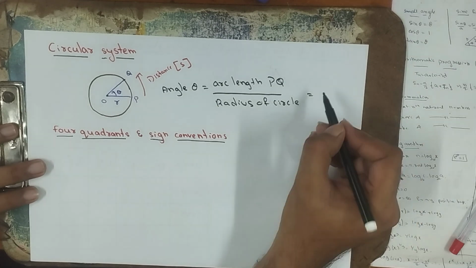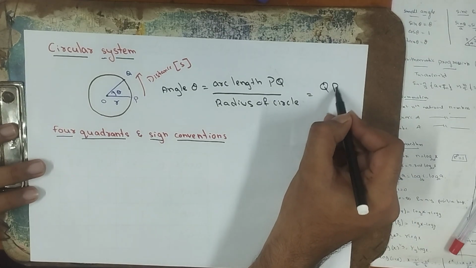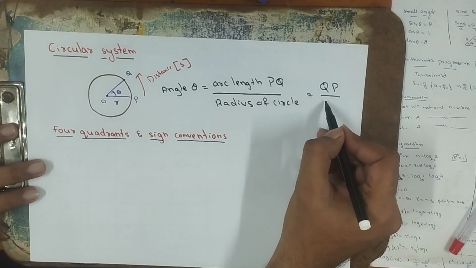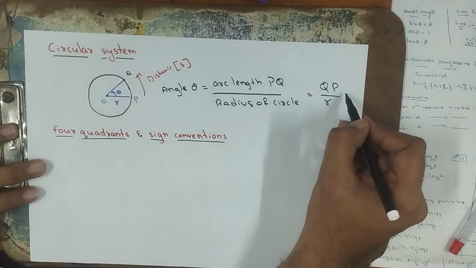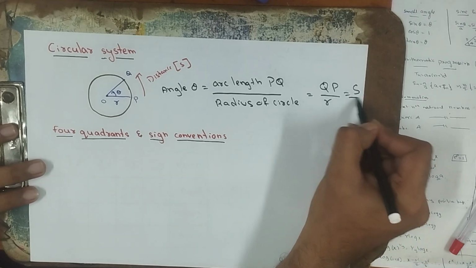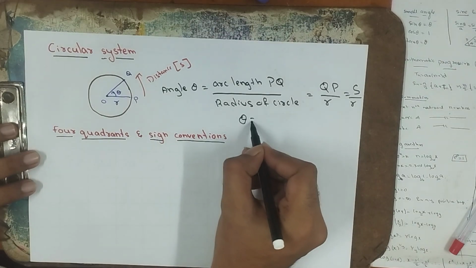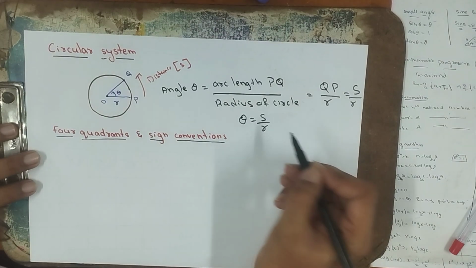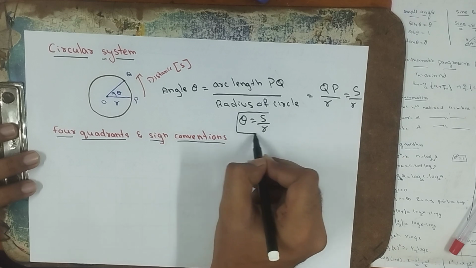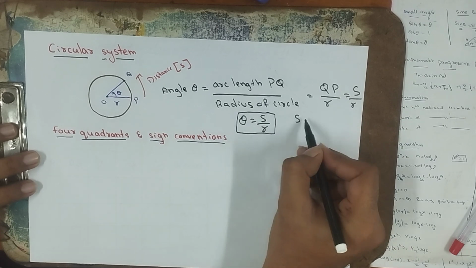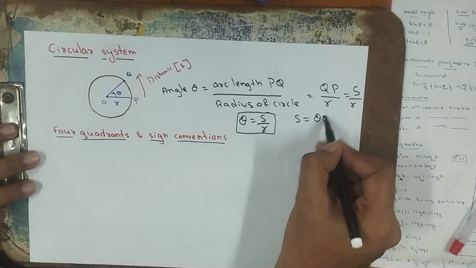Theta is equal to QP divided by radius R. Now in place of QP you can write S divided by R. That's all. Angle theta is equal to S by R. You got your angle. Now if you want your distance, you can write theta R.